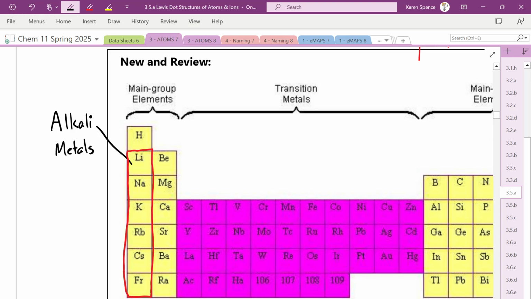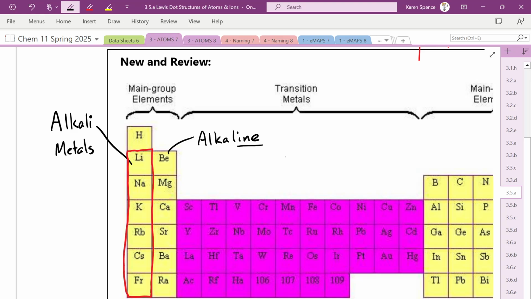Group 2 is called the alkaline earth metals. Now, 1 is smaller than 2. Alkali is smaller than alkaline, so that's a bigger word, because number 1 is a smaller word, alkali, and then alkaline.